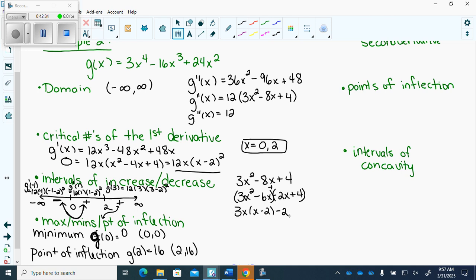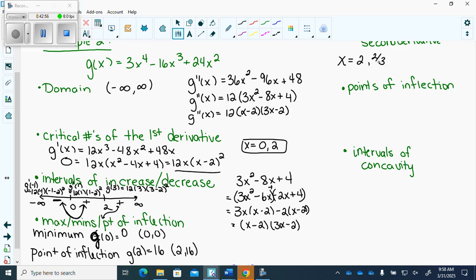Take out a negative 2, you're left with x minus 2. So I get (x minus 2) and (3x minus 2). So my critical numbers of my second derivative are x equals 2 and 2/3.